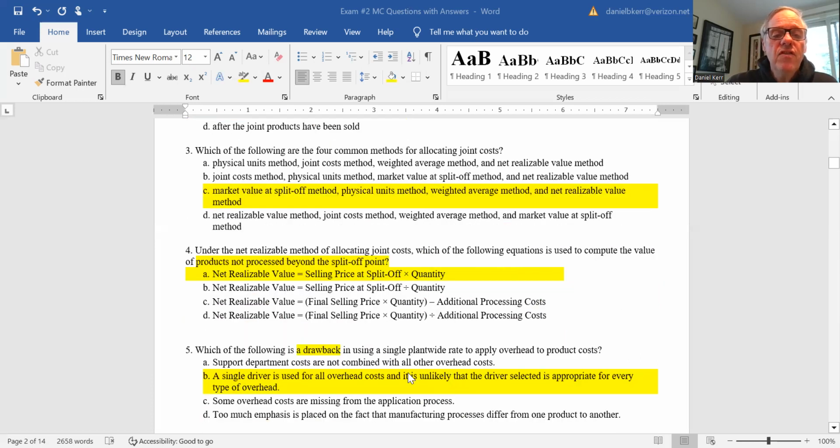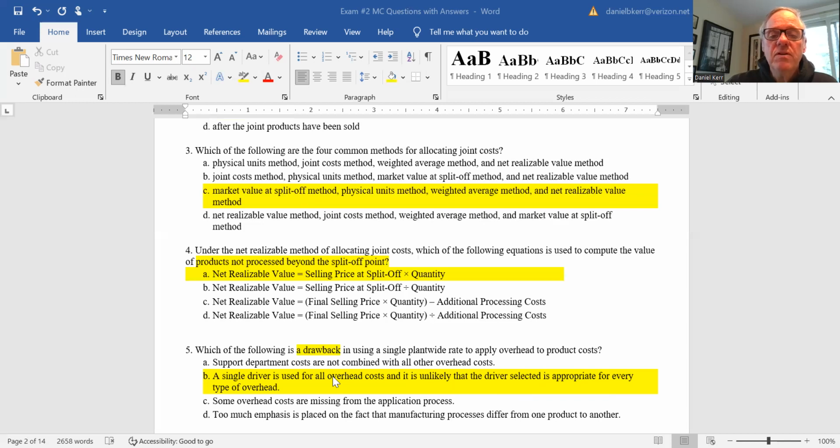Number 4, which of the following is a drawback in using a single plant-wide rate? Well, a single driver is unlikely to be appropriate for every type of cost.